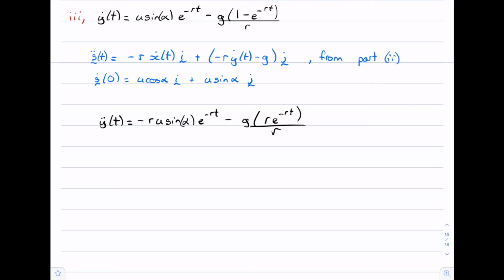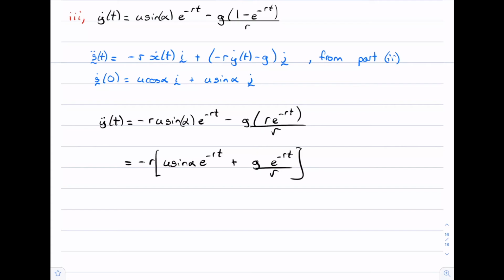But before I do that, I'm going to factor out this minus r. If I factor out a minus r from the first term, I'm left with u sine alpha, e to the negative rt. And if I factor out a minus r from this second term, well, here's the minus and here's the r. So that gets factored out, and I'm left with plus g e to the negative rt over r.